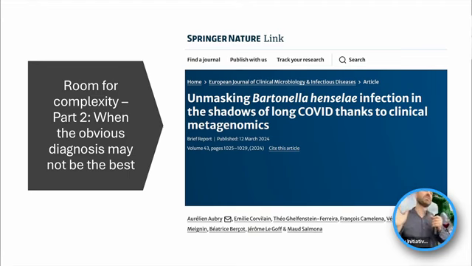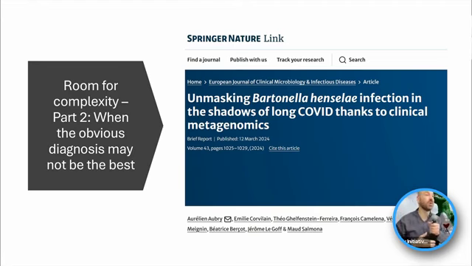The next bit of complexity that I want to bring to the table is the fact that sometimes you can have something that very obviously looks like one IACC, but may actually be another. For that case, I just want to share a really interesting case study that was published last year, where an individual came to the doctor. They had had a SARS-CoV-2 infection. They had felt terrible for months after their SARS-CoV-2 infection. Went to the doctor.